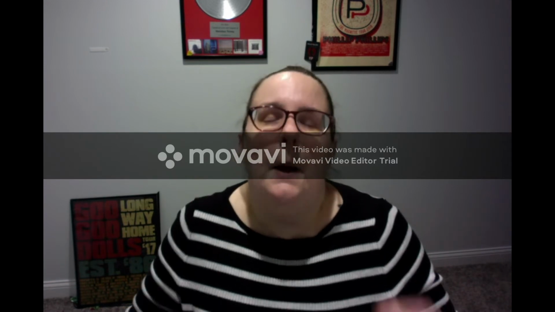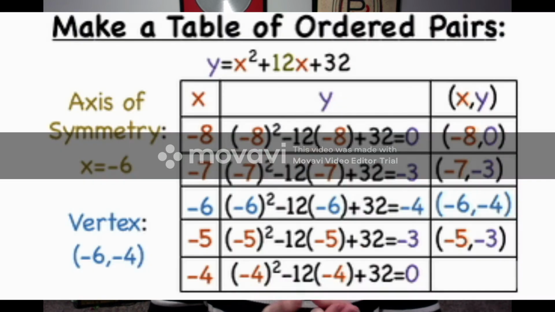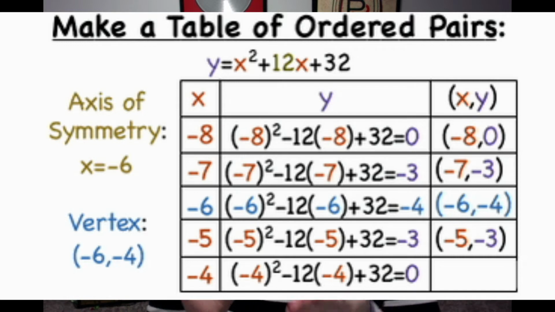Figure it out. When you get your axis of symmetry and you need to plug it back in for your vertex, please make sure you are putting those numbers in parentheses. Me personally, I will write out the equation with blank parentheses wherever there was an x, and you've seen me do that multiple times in my videos. And then I go in and plug in the number.